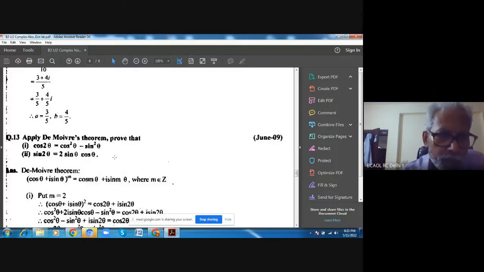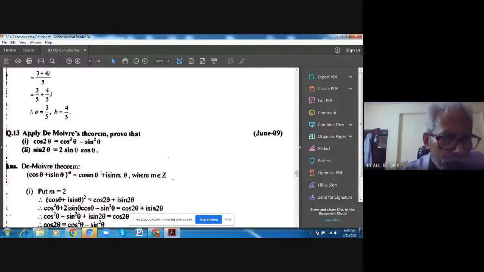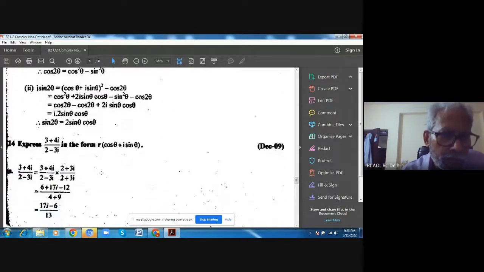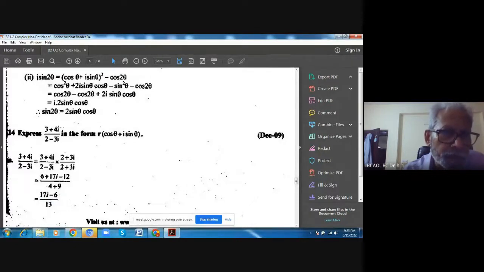You have to prove it, or maybe solve some problems, so it always comes. You have to do it like this. And this type of expression is in the polar formation. Otherwise, in the conjugate formation, it will definitely be a very important part.